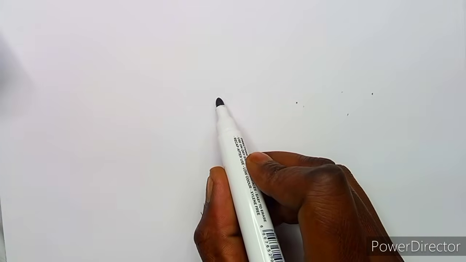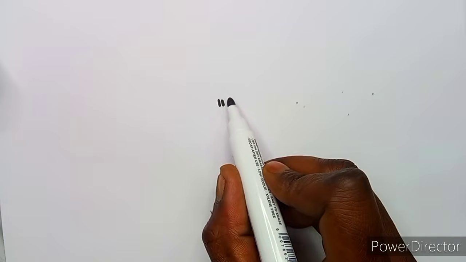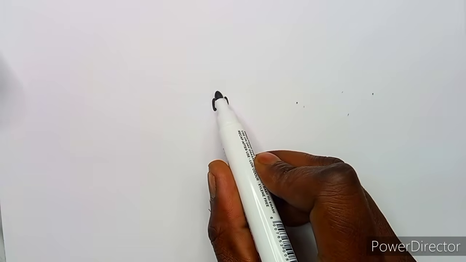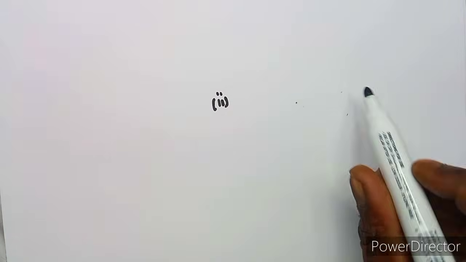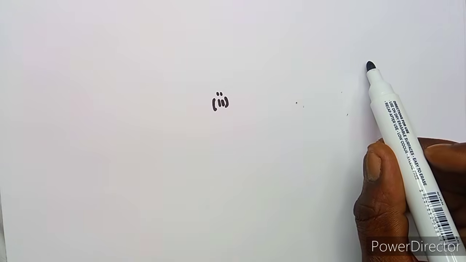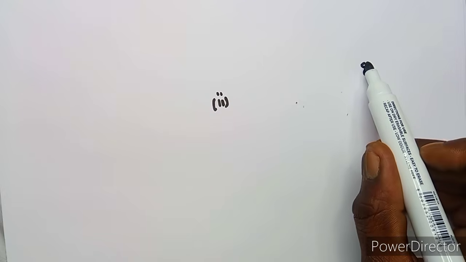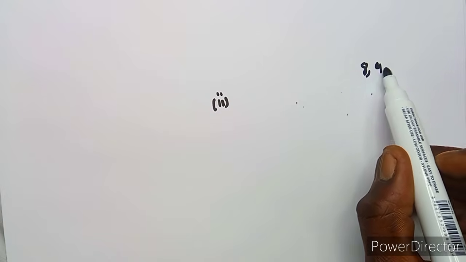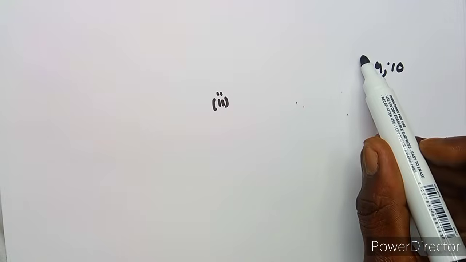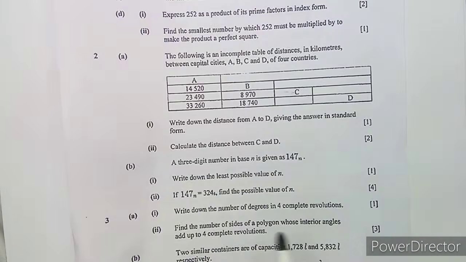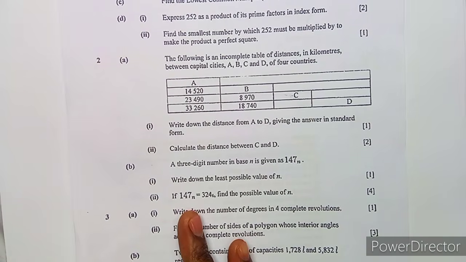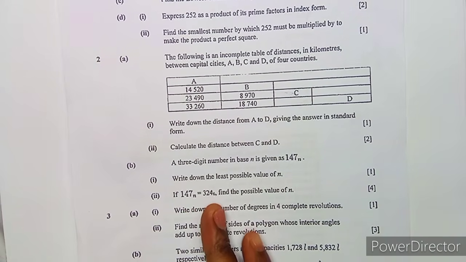In this consideration, we said the least possible value is 8, but it can be base 8, base 9, or base 10, and this is the least that we just assumed to be our answer. Now they are asking, what is the value of n if it is equal to this number?